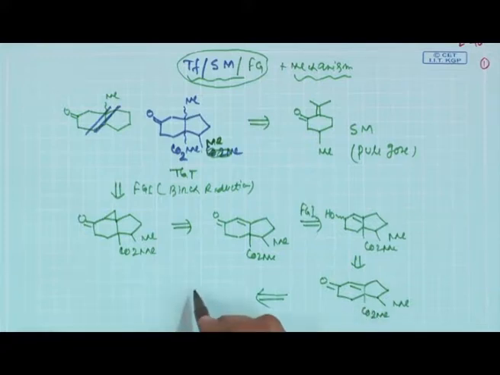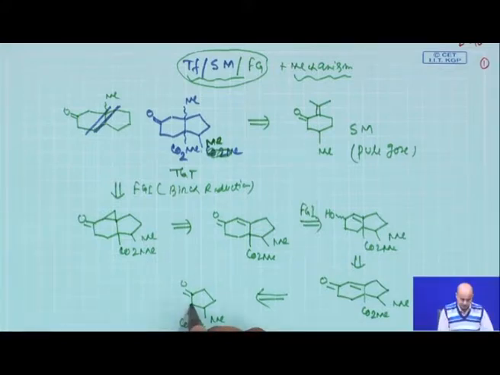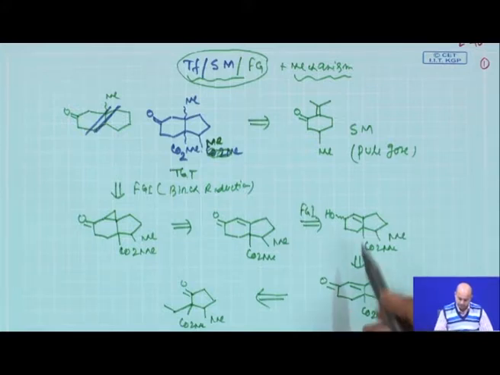Now, if you correlate, that this methyl is here, this CO2Me is here, and now we are saying that this particular ring will be made through a Robinson annulation, which was earlier discussed to you, because we will be just now making this particular bond through a Michael Aldol reaction.